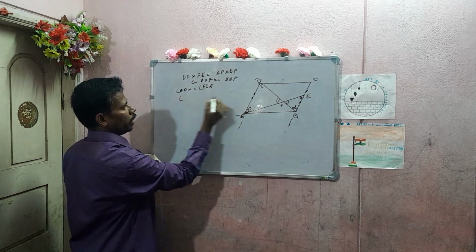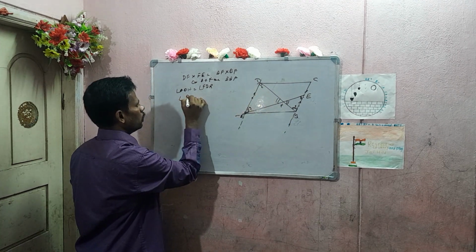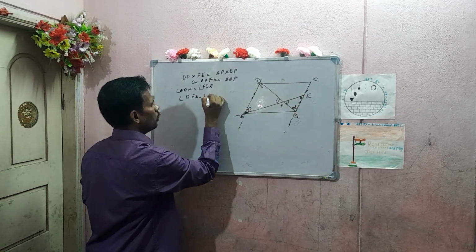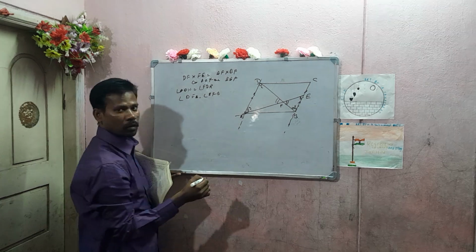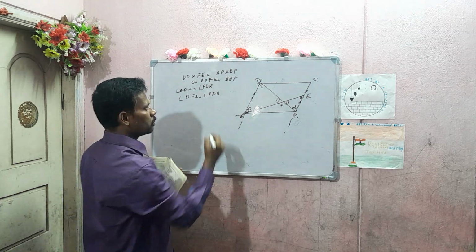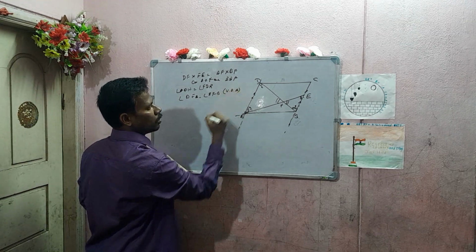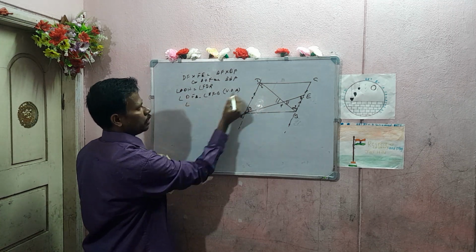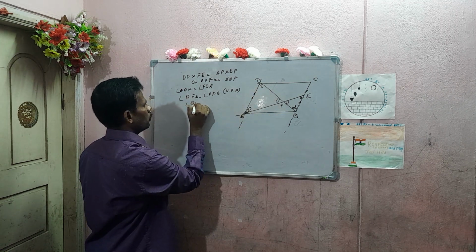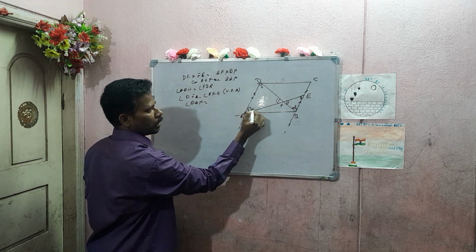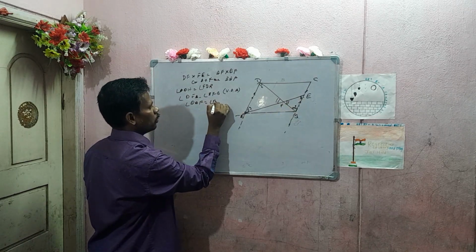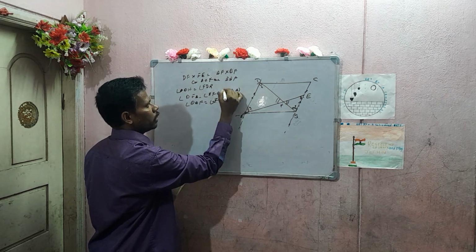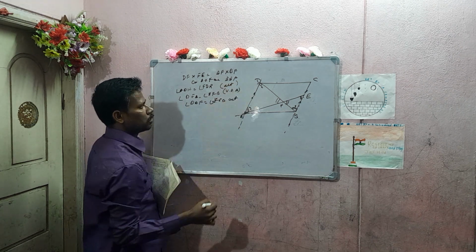Next, angle DFA is equal to angle EFB, vertically opposite angles. Next, angle DAF is equal to angle FEB. Why? Because alternate angles.